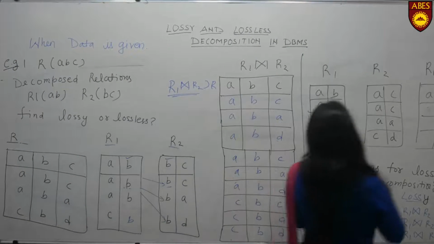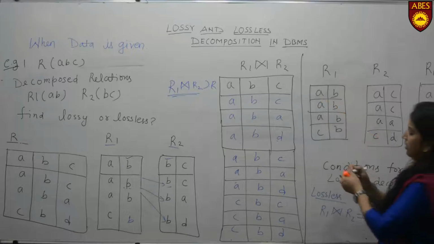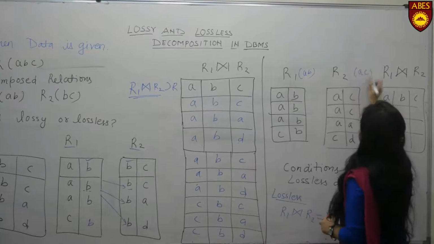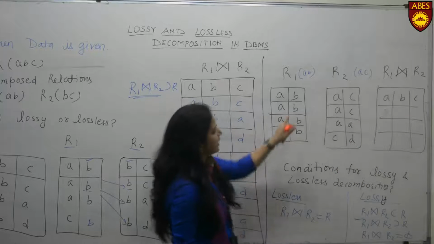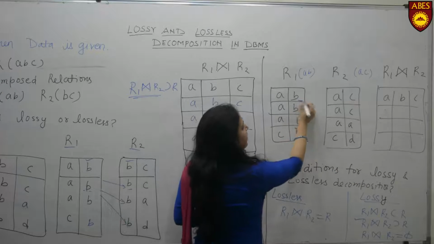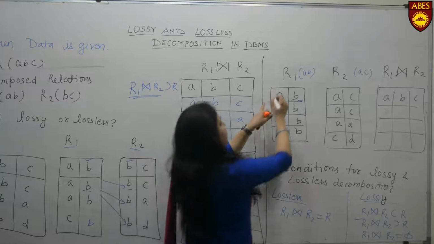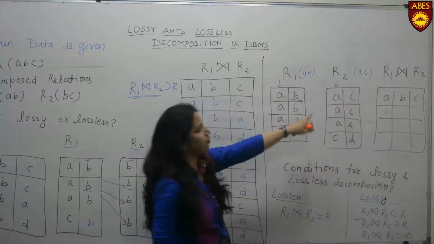Now, when we change the decomposed relations to R1(A, B) and R2(A, C), and do the natural join of R1 and R2, the common attribute is the first column. The first column of R1 matches the first column of R2.